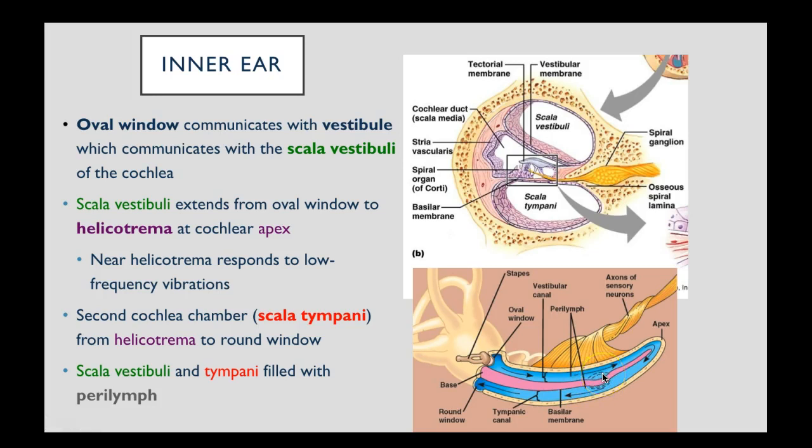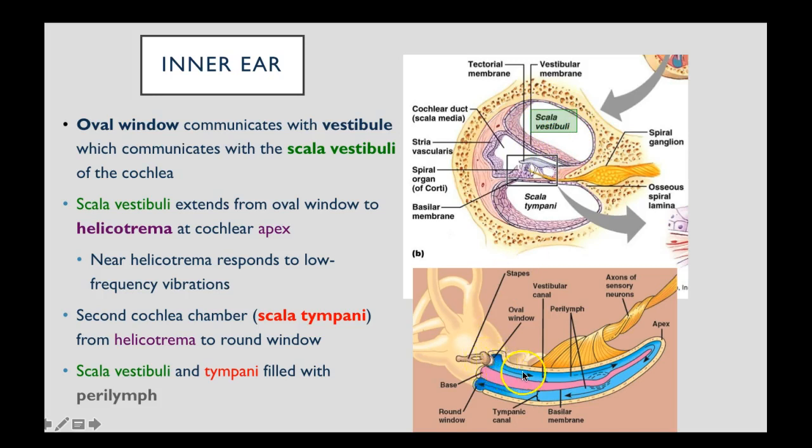So now let's take a look at this picture on top here. These are the three different regions in here. So here's the top, here's the middle, here's the bottom. So this is corresponding with the top, middle, and inferior region over here. Let's start off with our scala vestibuli. So the scala vestibuli is the one that was in contact with our oval window down here.